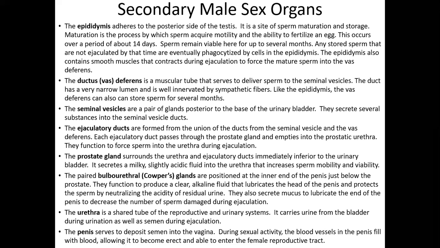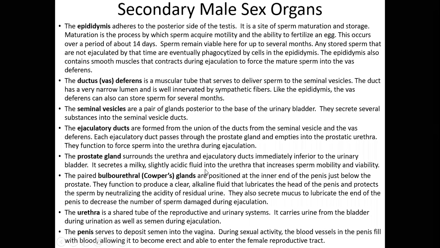Each ejaculatory duct passes through the prostate gland and empties into the prostatic urethra, whose function is to force the sperm and secretions from the seminal vesicles into the urethra.